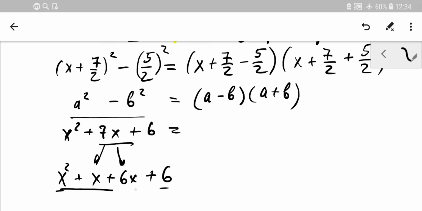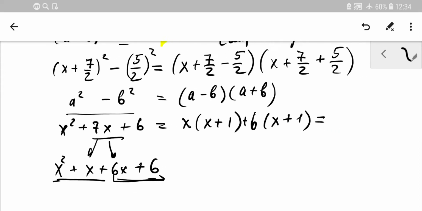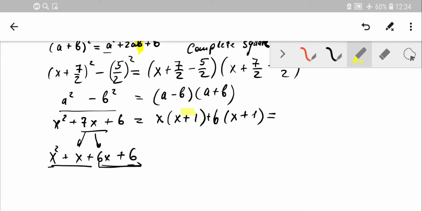I group x squared and x, and 6x and 6, so I factorize x here, and I also factorize 6 from the second group, which leaves me with x plus 1 also. Then I factorize x plus 1 because this is common. You see how fast, so x plus 1 is factorized, and here I'll get x plus 6 also.